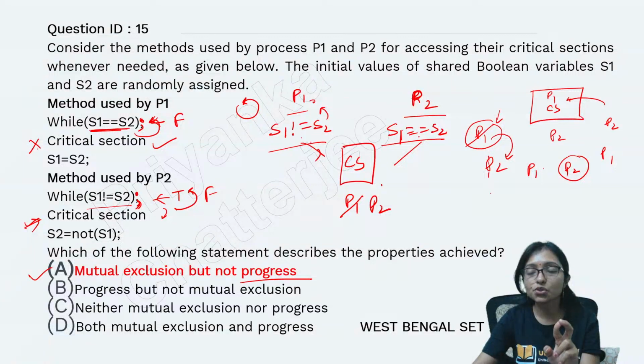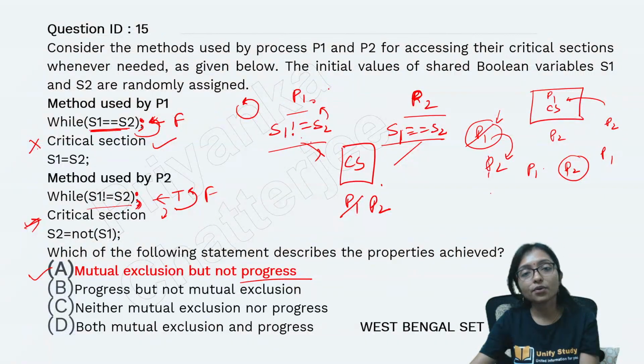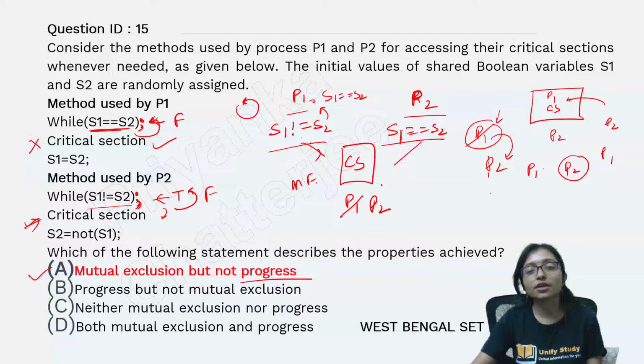To check mutual exclusion, always check whether there is a same condition. If P1 also went with S1 equals S2, then it could enter. As these are opposite conditions, that's why it is satisfying mutual exclusion.